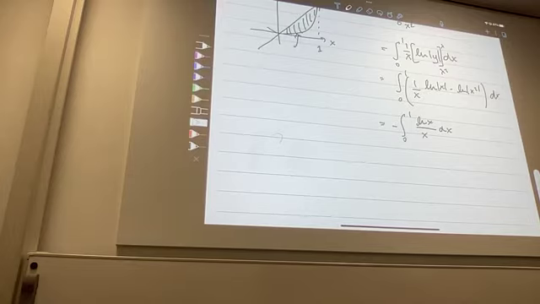The equivalent is saying let x equal e to the minus t. I'm going to let you play around with that, and you're going to end up with an integral that goes from 0 to infinity of t dt.